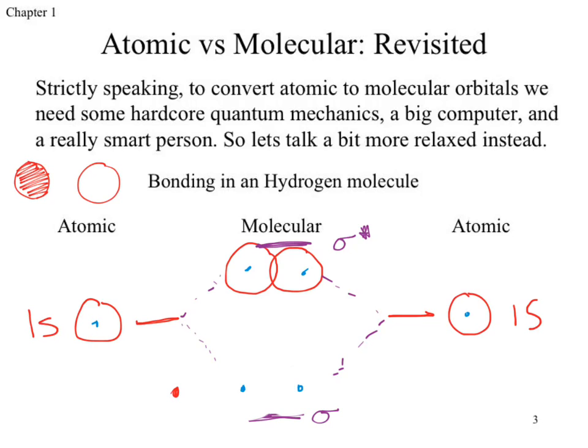What are the odds of finding our electron somewhere in the middle? Pretty good. So what we end up seeing is something along those lines. Very low probability for electrons existing on the outside of our bond, very high probability for existing in the middle. Okay, if we wanted to, we could even shade this in, but I don't feel like coloring today. All right, what happens with our anti-bonding orbital?